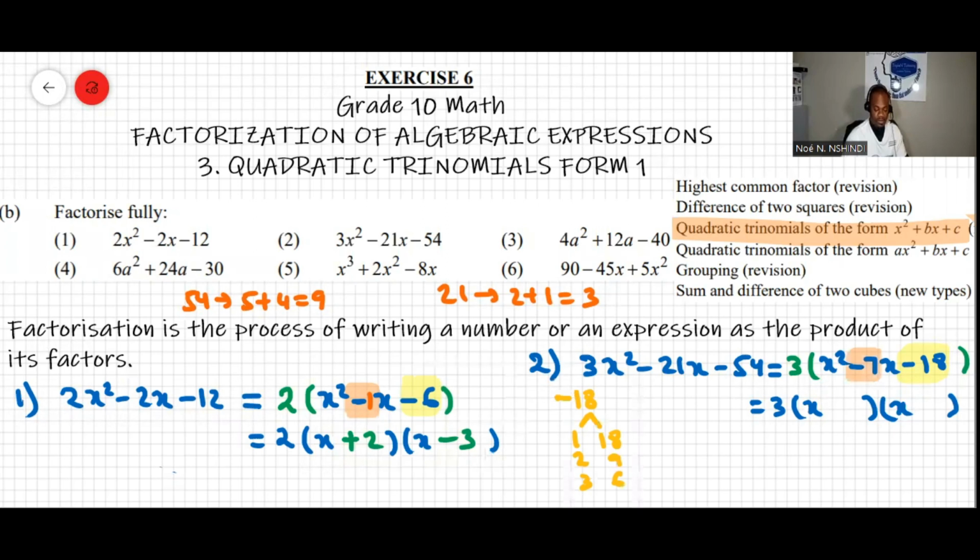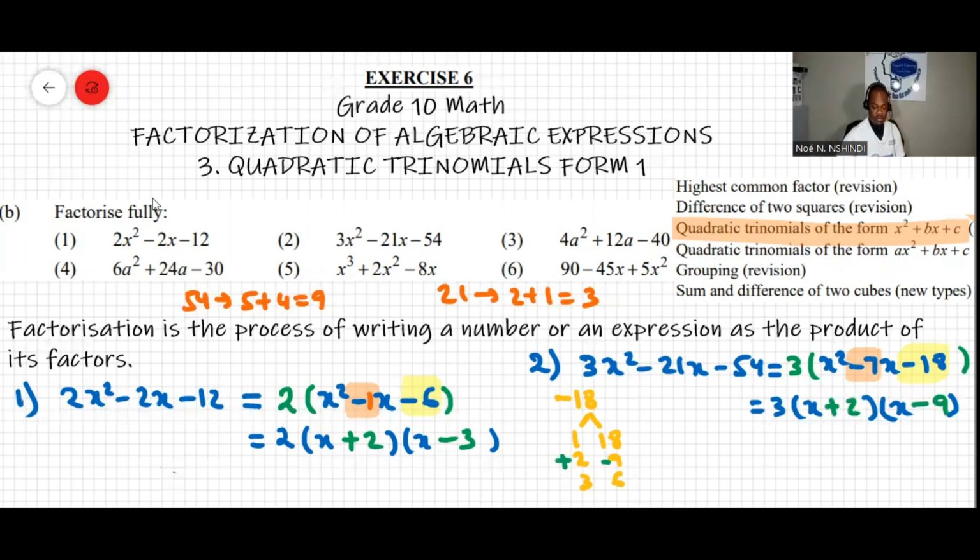We can see that with 1 and 18, we'll never get -7. With 3 and 6, neither. But with 2 and 9, yes, we can get -7 if it is a +2 and a -9. So over here, I'll write +2, and there I'll write -9. And this means we can factorize.